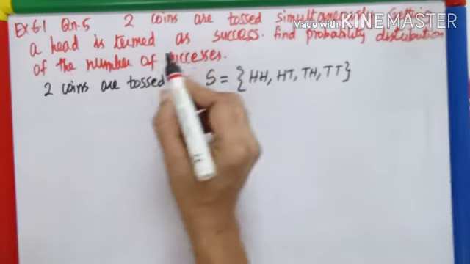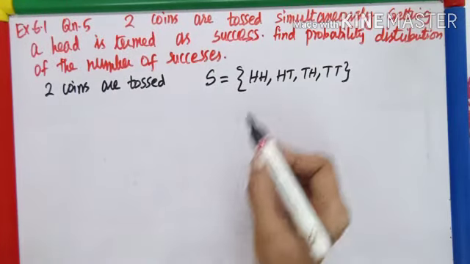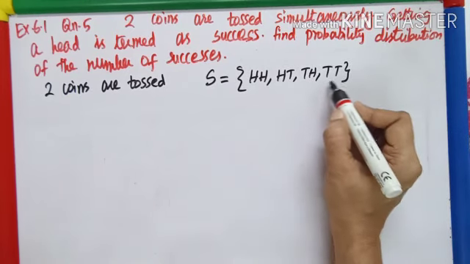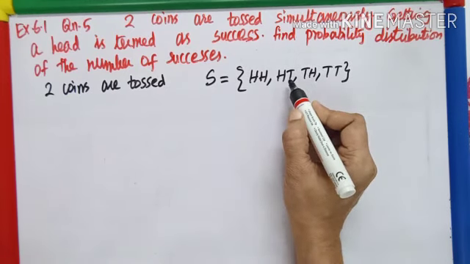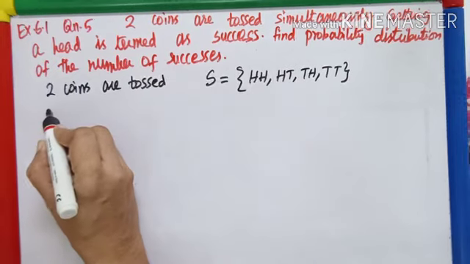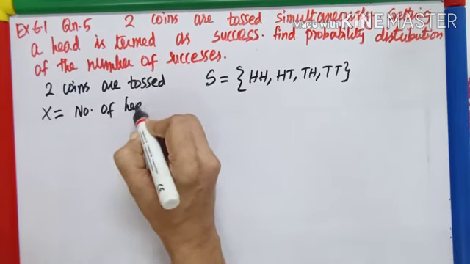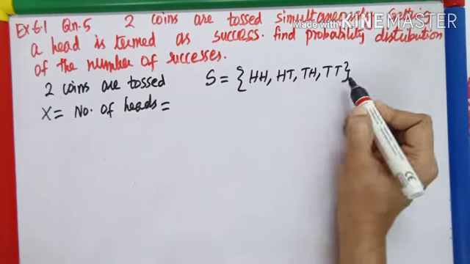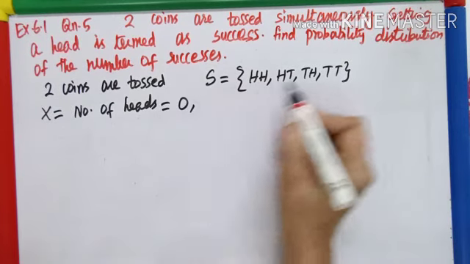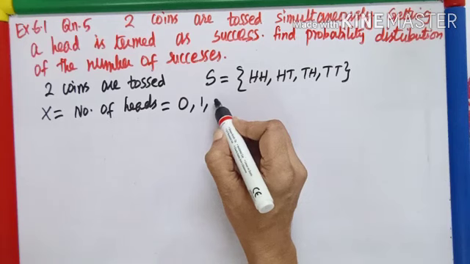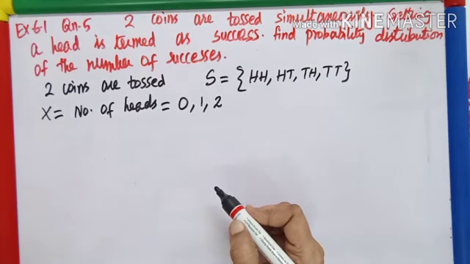Getting a head is termed as success. So getting a head, here no heads, here 1 head, here 2 heads. So what would be my x value? Number of heads. And I can see there are no heads, there is 1 head, and there are 2 heads.